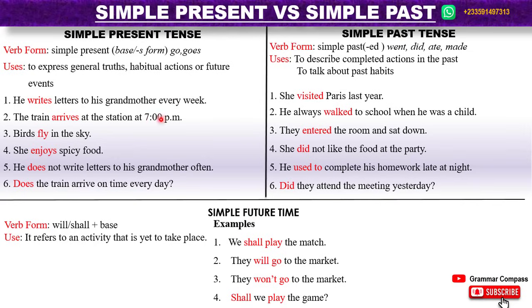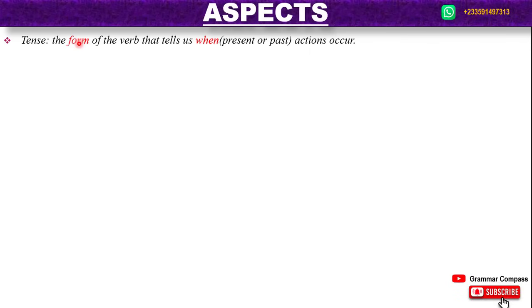Now that we know simple present and simple past, let us move on to talk about aspects in English. Let's remind ourselves that the form of the verb that tells us when actions occur is what we call tense, and we have present tense or past tense. What about aspect? Aspect is the manner in which the verbal action is expressed.